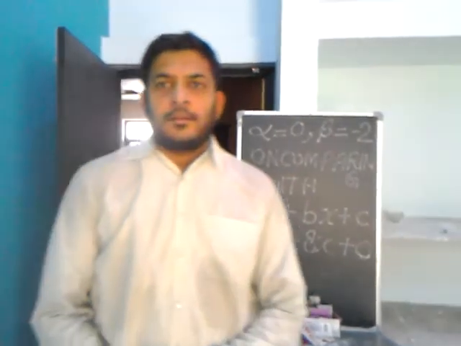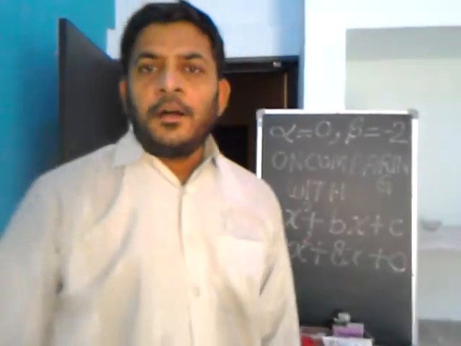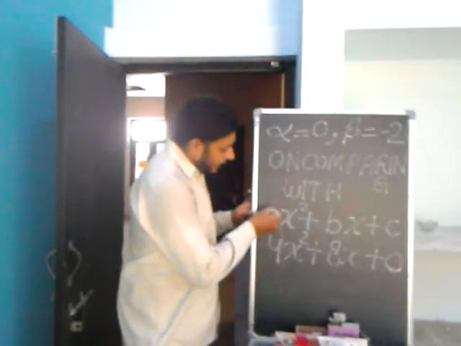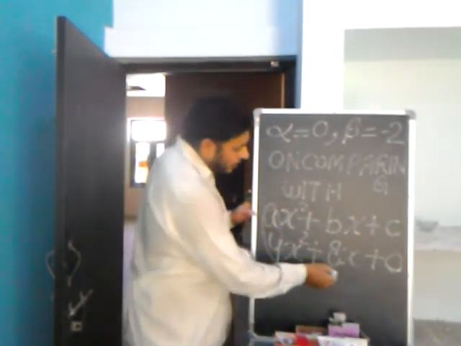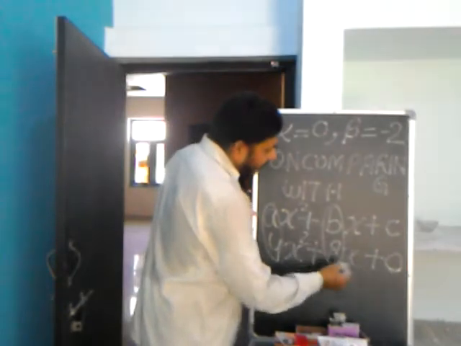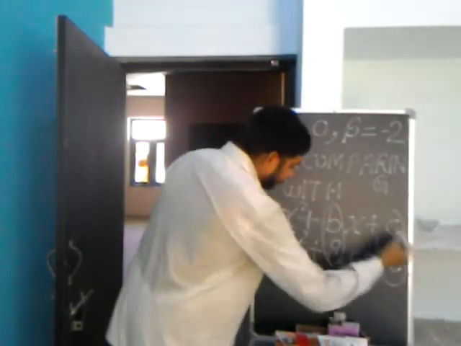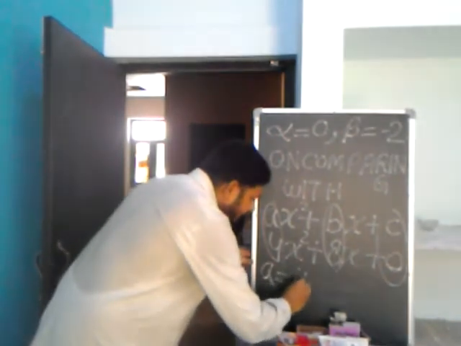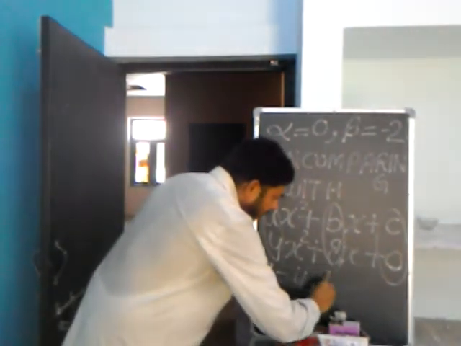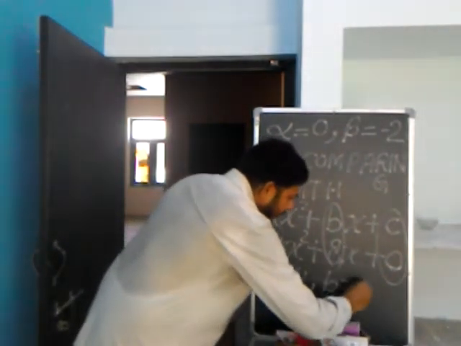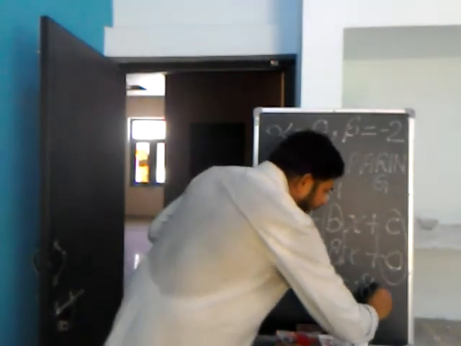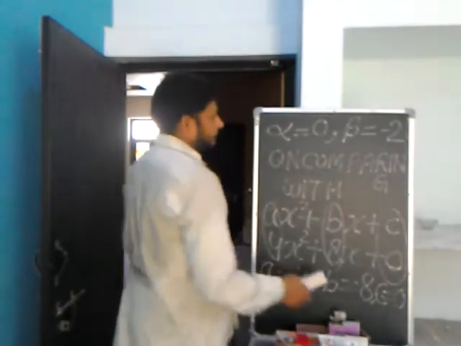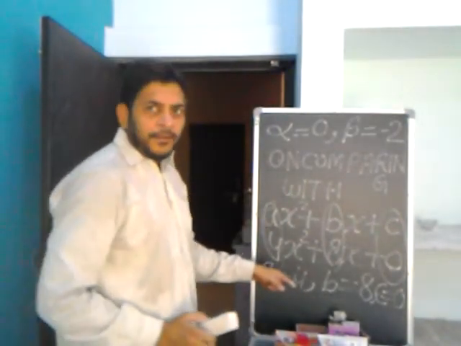Now, if we start comparing, then a is equal to 4, b is equal to 8, and c is equal to 0. Have you understood till then?